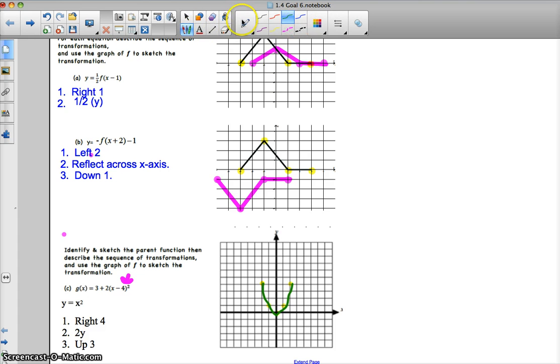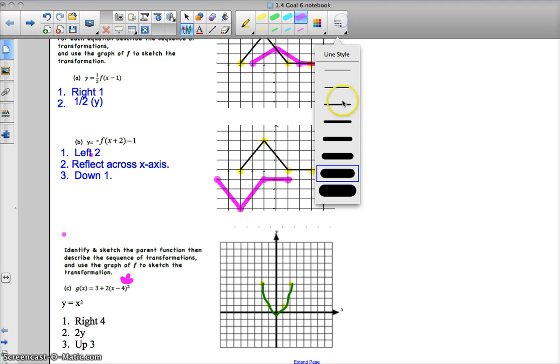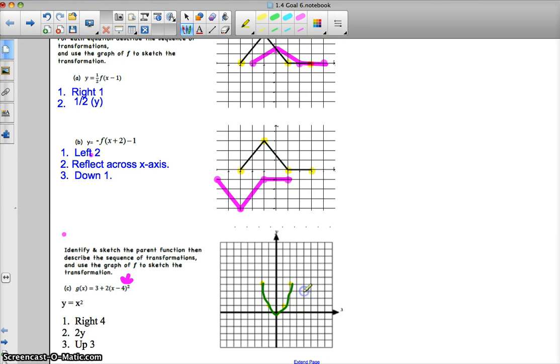Again, my final move will be in purple. So here we go. I'm going to start with the origin. I'll move it right 4. 1, 2, 3, 4. The y coordinate is 0, and 2 times 0 is 0, and then I'll shift it up 3. 1, 2, 3.